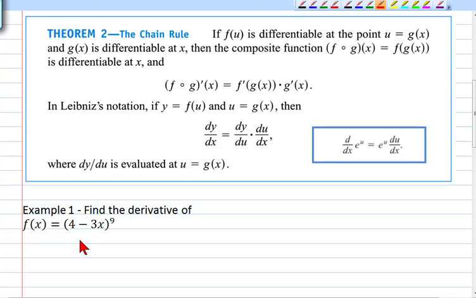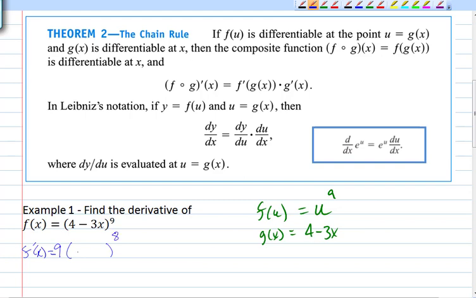The outside function is something raised to the 9th. So if we let f of u be equal to u raised to the 9th, g of x is going to be 4 minus 3x. So when we apply this rule, we take the derivative of the f function. The derivative of the f function is going to be 9 times something raised to the 8th.